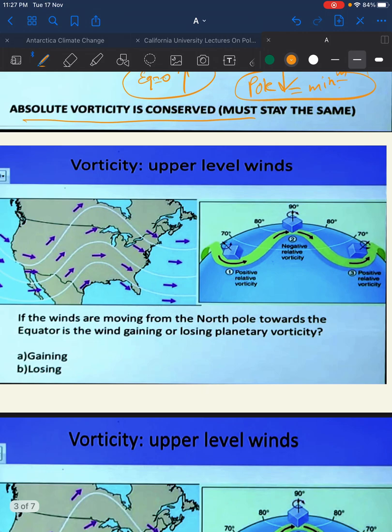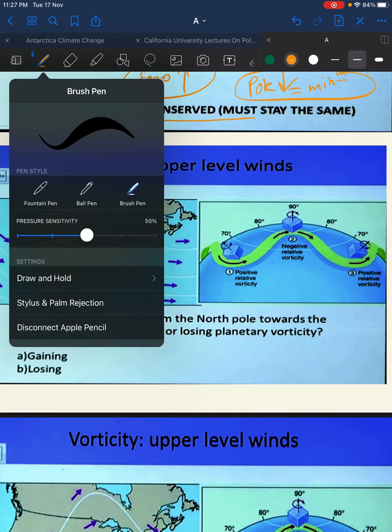So here we can see that there is an upper level wind. It's basically a jet stream, say the polar jet stream, which is moving from west to east. It is a permanent jet stream. Now it is showing some meandering. That means it is a kind of Rossby wave over here. Now the question is, if the wind is moving from the north pole towards the equator, is the wind gaining or losing planetary vorticity?